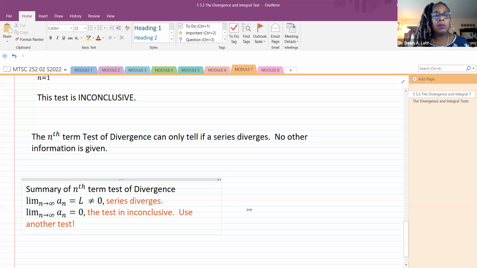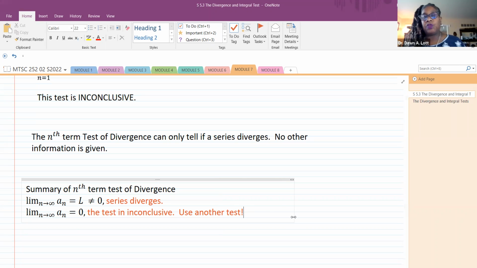So I cannot in any way say the series converges from the nth term test of divergence. Okay, any questions about that? Because that is a big deal. So if a_n does not go to 0, I know the series diverges. If a_n goes to 0, I know nothing.